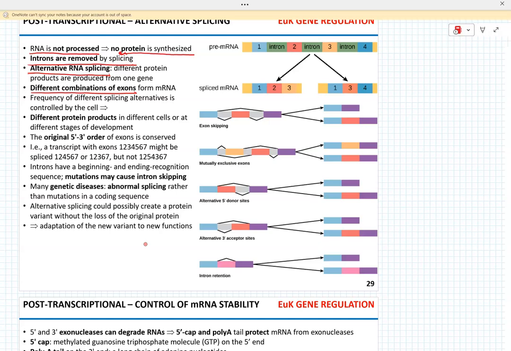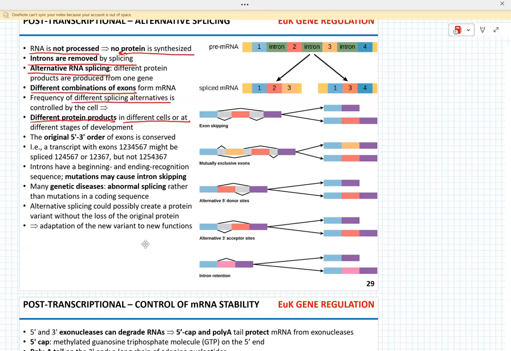How frequently these splicing alternatives will be produced, or where they're going to be produced, is controlled by the cell. That enables the cell to have different protein products with different but related functions, in different cells or at different stages of organismal development.